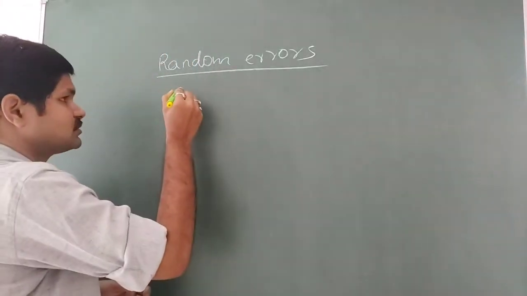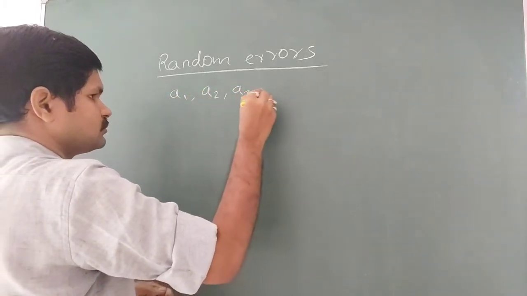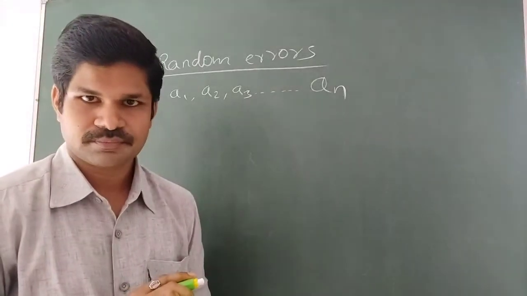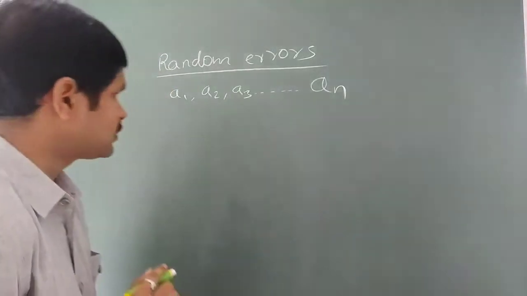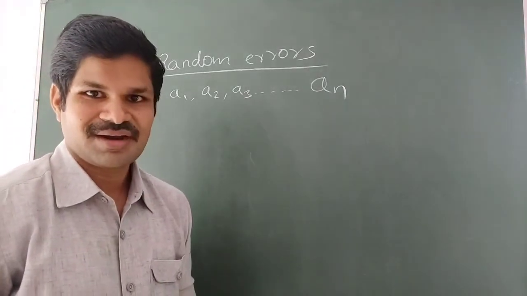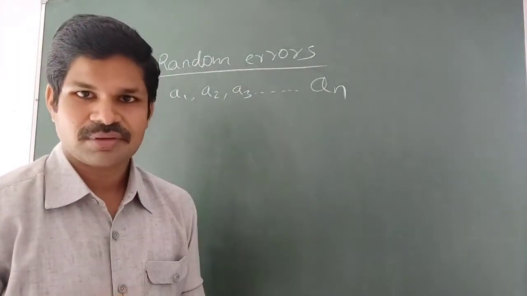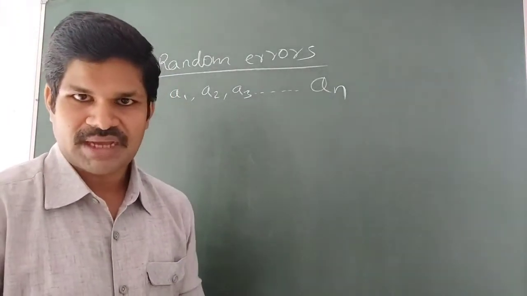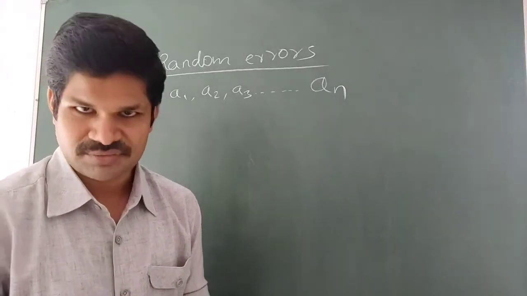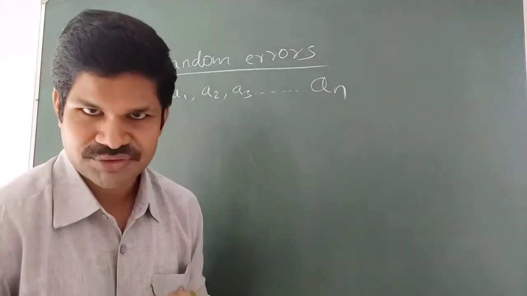Let us suppose they are A1, A2, A3 and so on up to AN. Before calculating the error, we first need the arithmetic mean. That means you need the true value. As I already said in the previous class, we need to calculate the true value first and then compare it with the observed values.